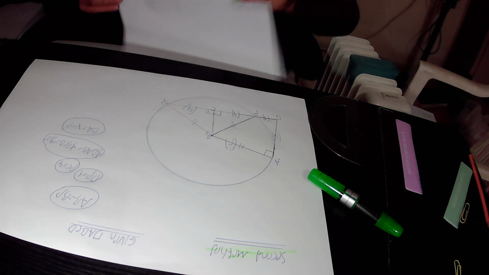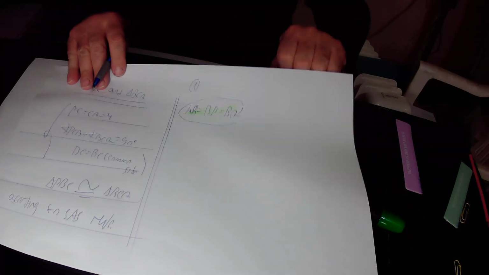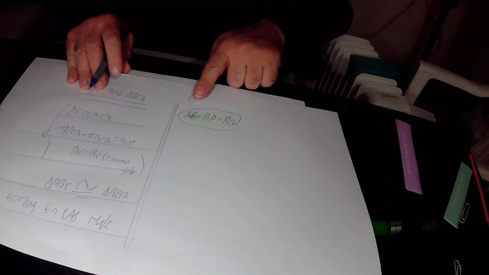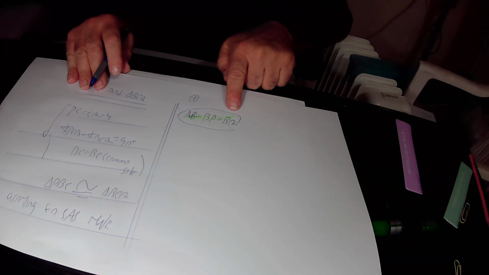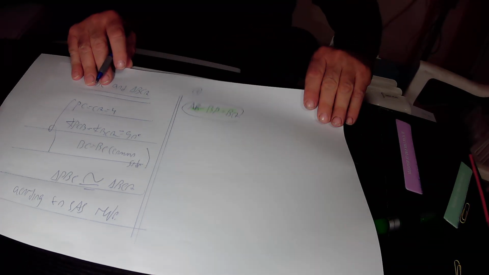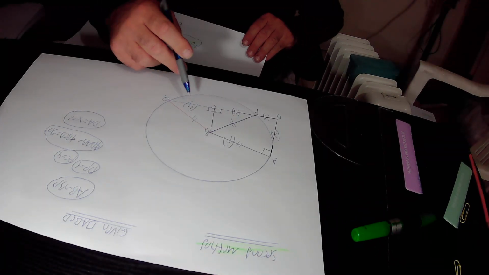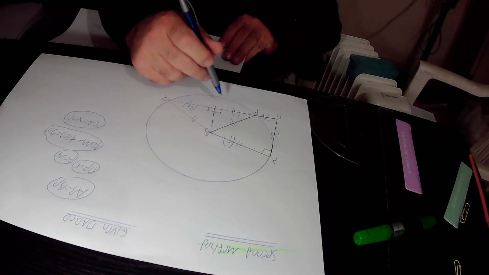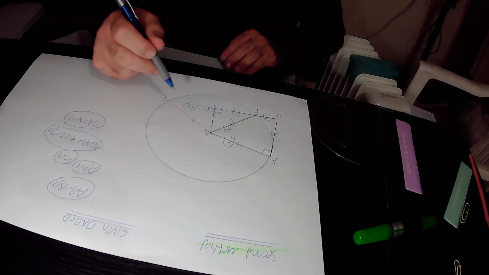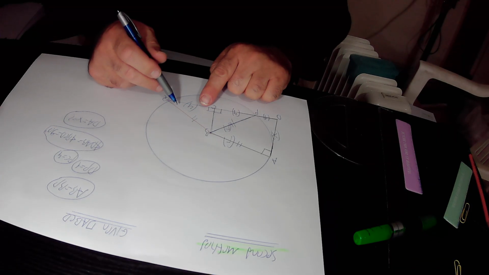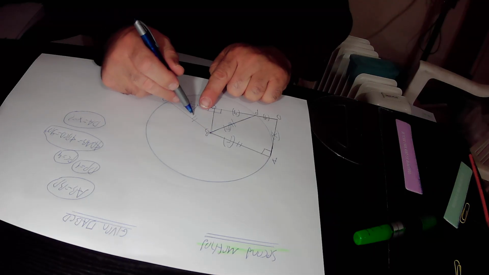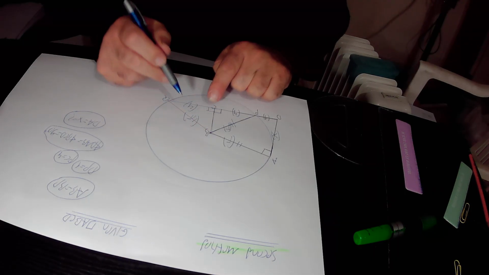But we already found out that BA equals BP equals BQ. And BA is the radius, therefore BP must also equal the radius R, and BQ must also equal the radius of this circle, R, according to our definition.